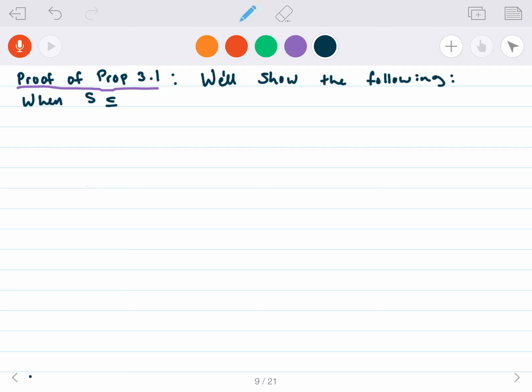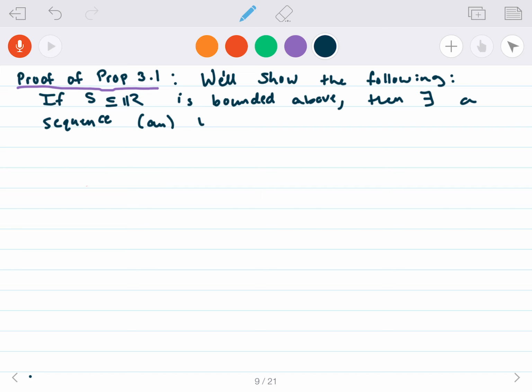When S is contained in R, let's say if the set is bounded above, then there exists a sequence a sub n where each term in the sequence is in the set, and the limit as n goes to infinity of a sub n is going to be the supremum of the set. Alright, so let's go ahead and prove this.